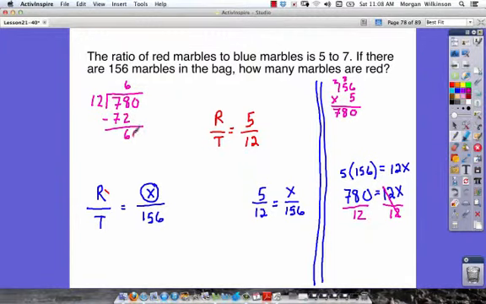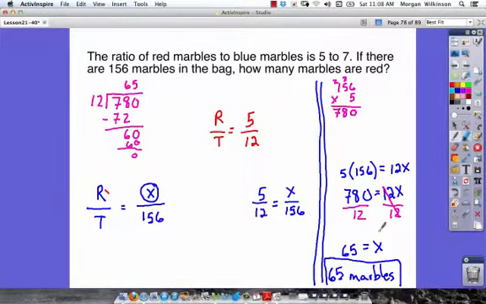Bring down our 0. We have 60. And 12 goes into 60 5 times. We have nothing left over. We've got our answer. In this, 780 over 12, that's equal to 65. So 65 is equal to x. And in this problem, it said how many marbles are red? Well, 65 marbles are red. So let's write out a label, 65 marbles. And we've got our answer. We're all done with this advanced ratio problem.